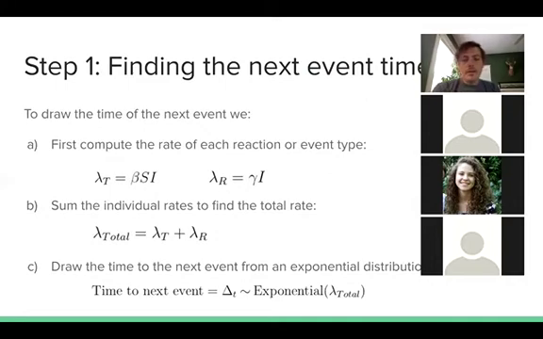The same thing applies here. When we think about the time to the next event that occurs in our model or in our system, that waiting time will be distributed exponentially. So we can just draw an exponential random variable to get the time to the next event.